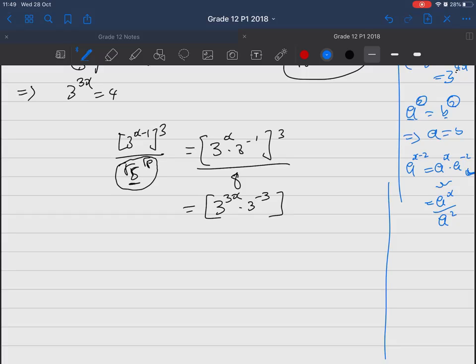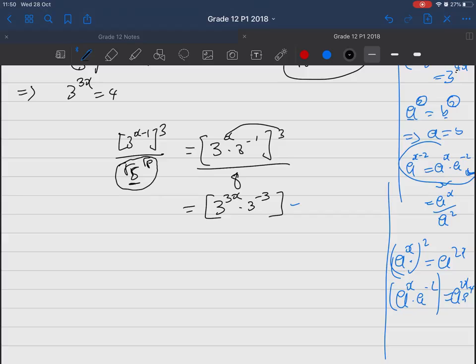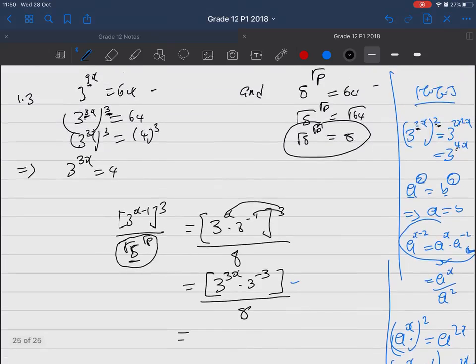Remember that if you have a power x, all to the power of minus 2, it's the same as a power minus 2x, so a power x times a power minus 4. So that's what we did here. We said 3 power 3x times 3 power minus 3, over 8.